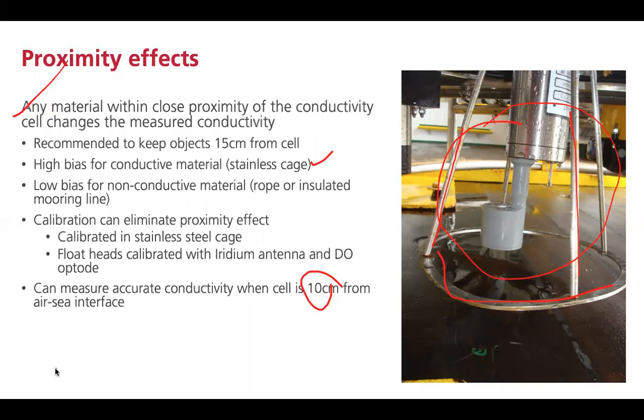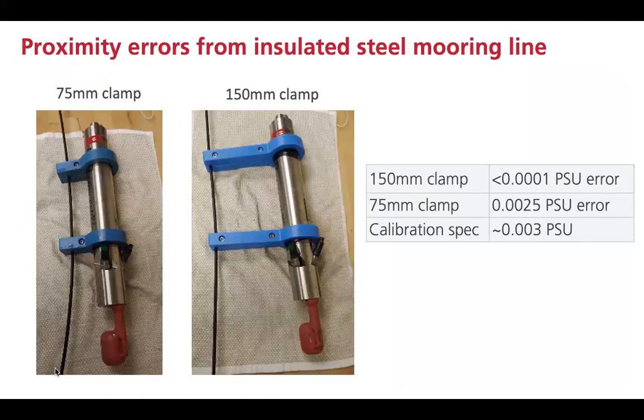Okay, so just moving on again. To put some numbers to this, a common concern is, when profiling, it's relatively easy to keep the cell free of any objects nearby. In mooring applications, it's a little bit trickier because of the mooring line, but it turns out that the errors introduced from, for this example, an insulated steel mooring line are actually quite small.